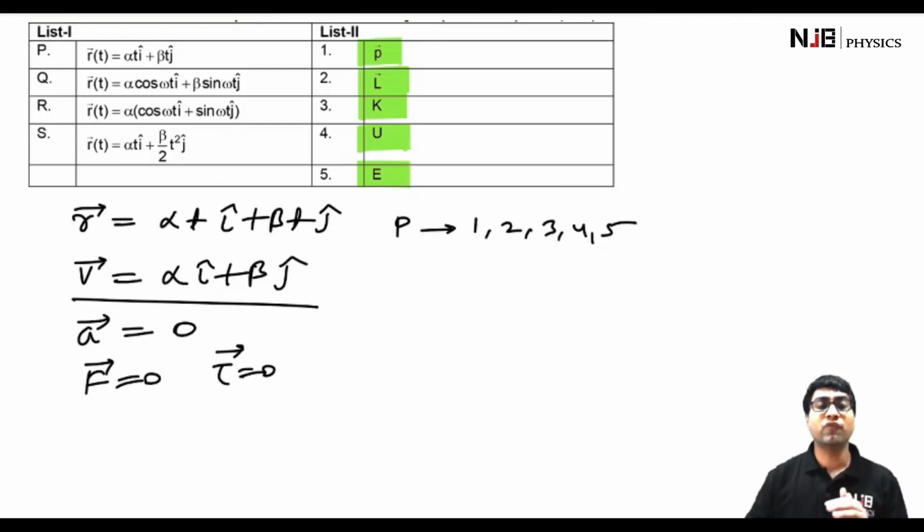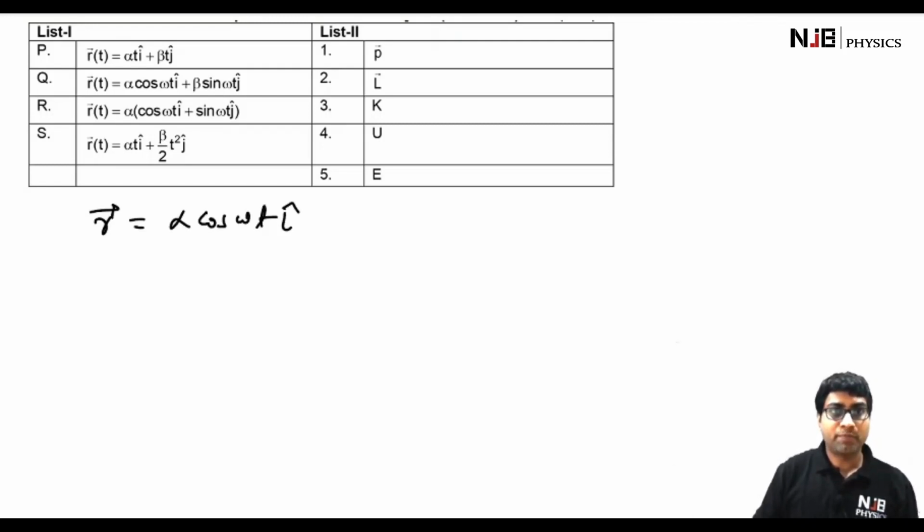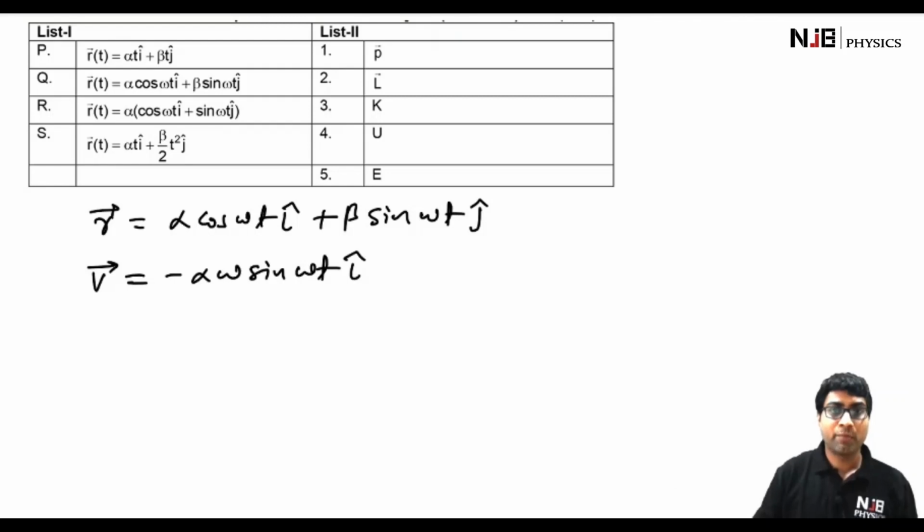Now let's look for the next expression of position vector as a function of time. The second expression for position vector is alpha cos omega t i cap plus beta sine omega t j cap. So if we differentiate it, we are going to get velocity vector as minus alpha omega sine omega t i cap plus beta omega cos omega t j cap.